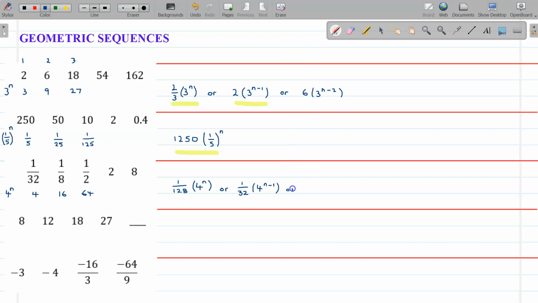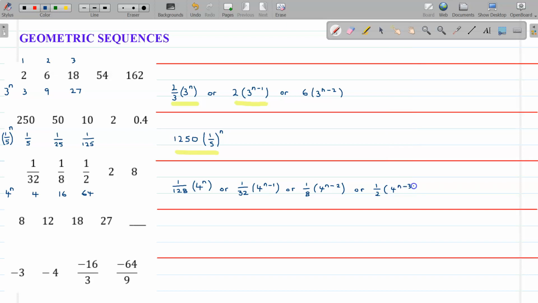So I would have 1/8 of 4 to the n minus 2. That would make the fraction closer to 1, but it's still a fraction. So the next step would be to take it to 1/2. In other words, I'm timesing 1/8 by 4 and having 4 to the n minus 3.